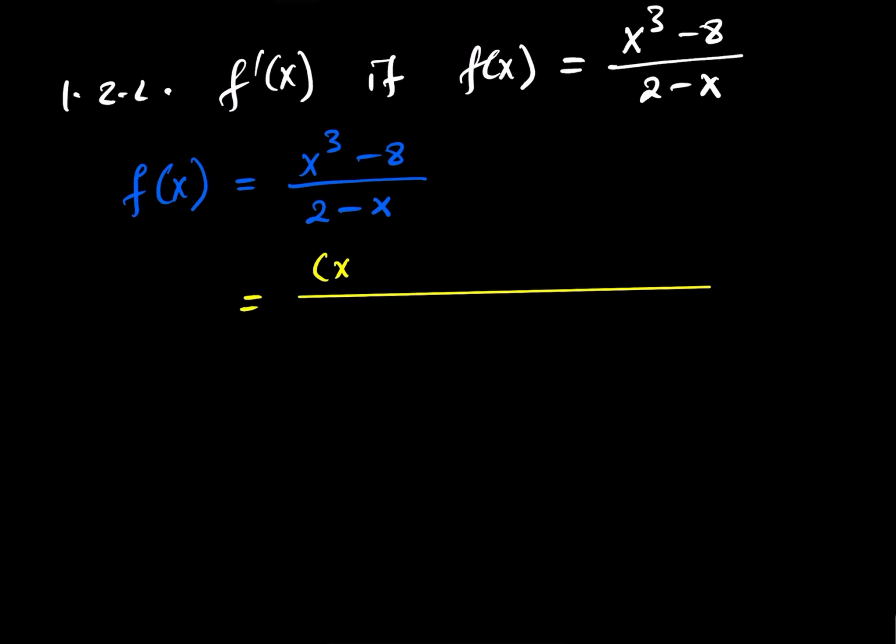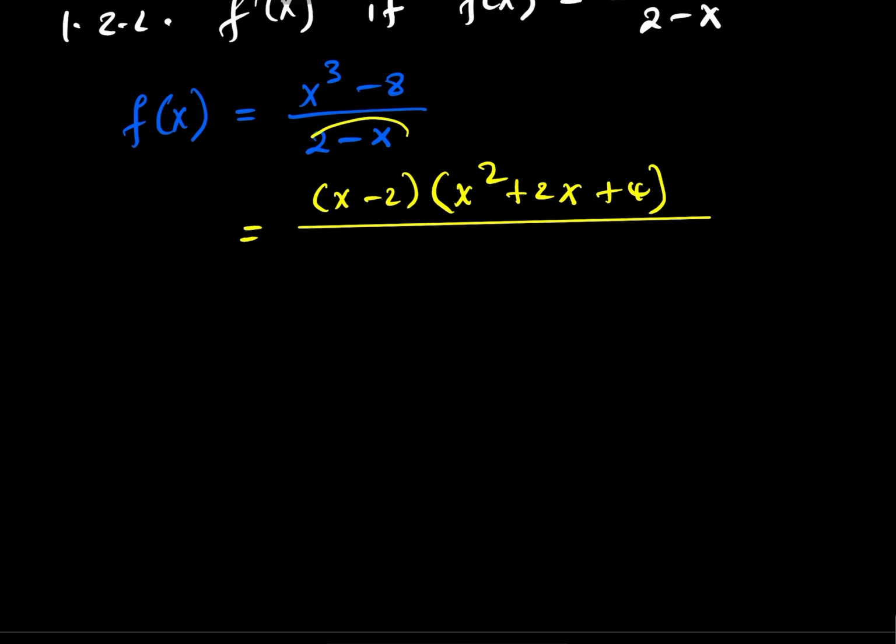You get x minus 2 into x squared, then 2x, then 4. We call it the difference of cubes. And in the denominator, you can take out the negative and get negative of x minus 2, on the basis that when you multiply this and that, you will get back your denominator.